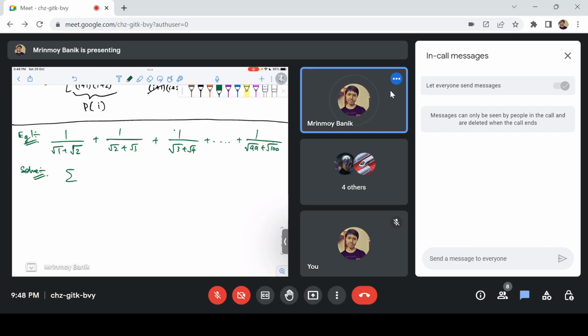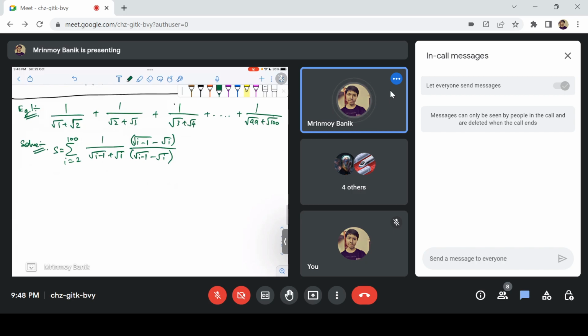So this is S equals the sum as I runs from 2 to 100 of 1 by square root of I minus 1 plus square root of I. You can of course try to rationalize, and this actually also results in a telescopic sum. So we're multiplying with the conjugate surds.